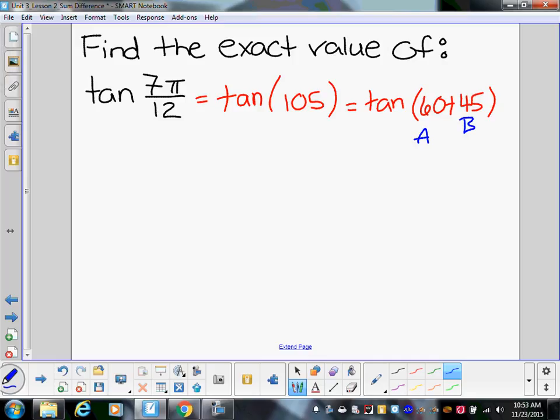So I have tangent of A plus B. 60 for A, 45 for B. You could have it the other way. If you said 45 plus 60, A would be 45, B would be 60. You'll get the same answer.